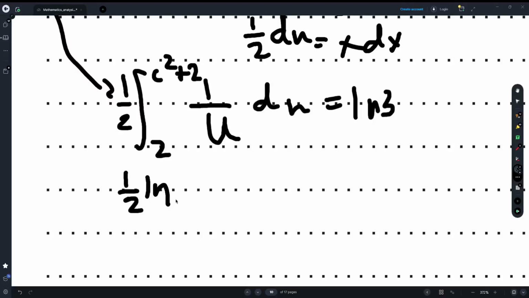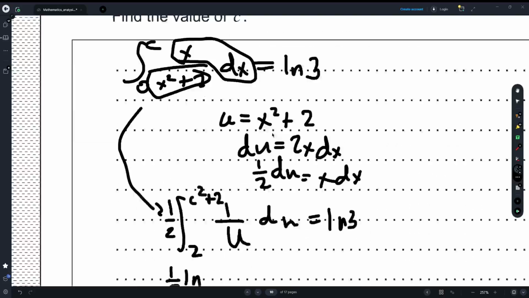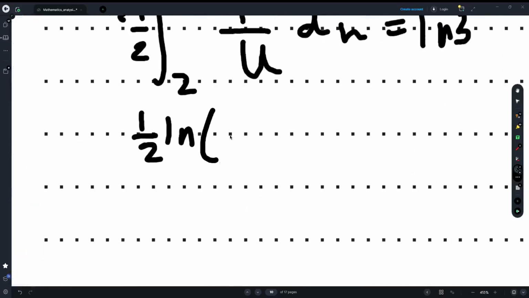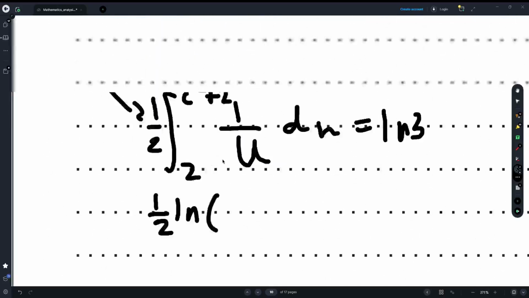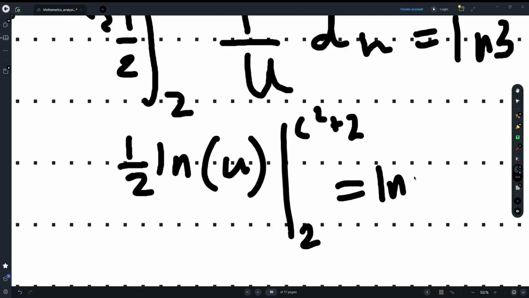We don't have to write the absolute value here because c squared plus 2 and 2 are both positive. So we get half ln u between c squared plus 2 and 2 is equal to natural log of 3.